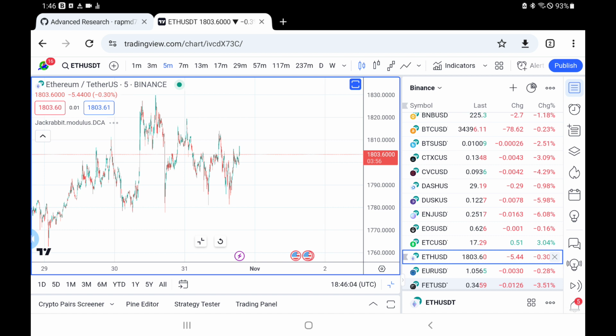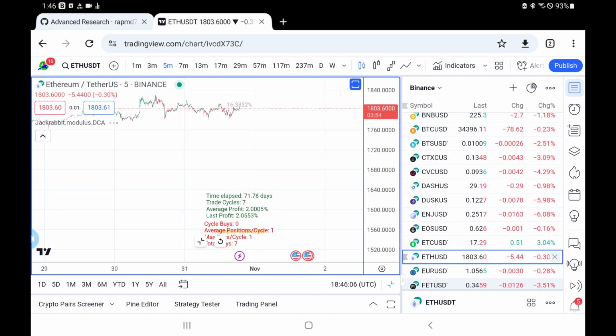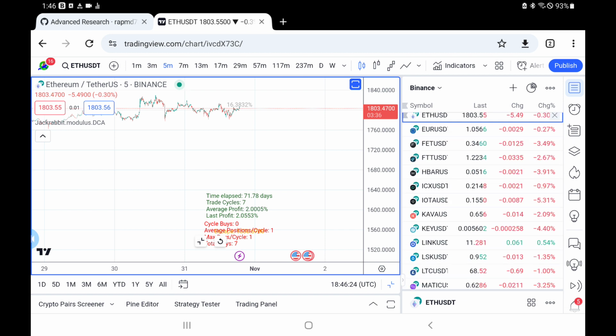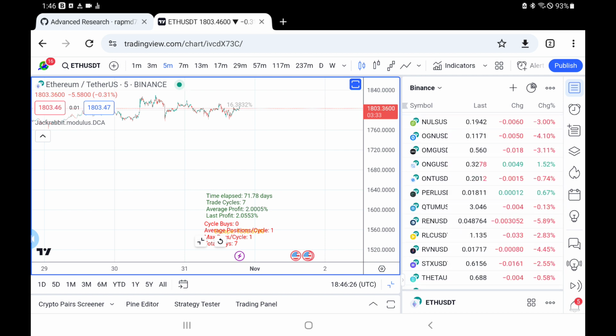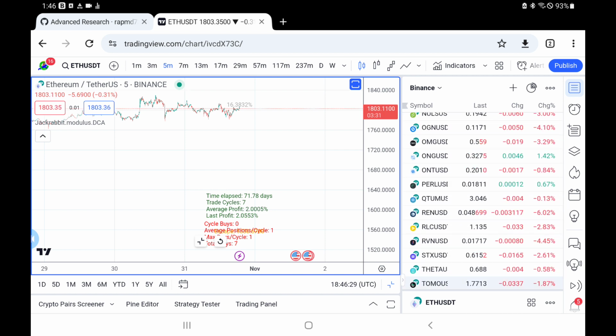Let's look at Ethereum. 7 trade cycles, 2%. Not bad. And it's a one-hit wonder on top of it all, which means you only have to worry about one position, which is great. So let's keep going. What else can we find?